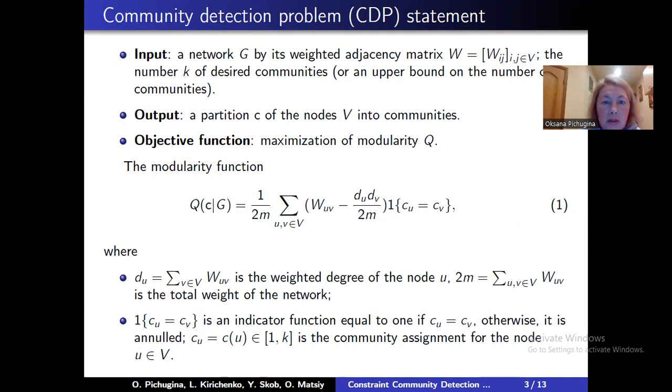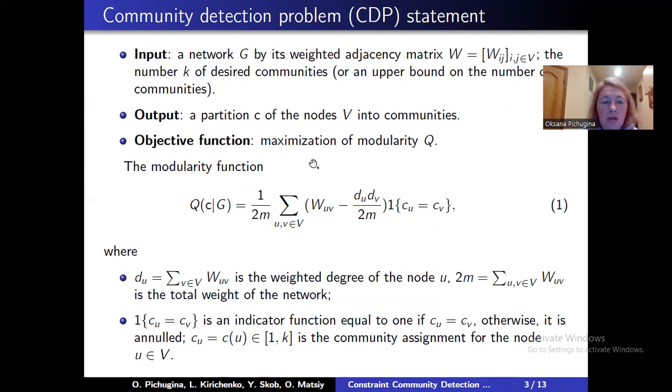As input in the CDP, we have a weighted network G given by adjacency matrix W, and also we have a number K of desired communities, or the exact number of communities. As output, we expect a partition C of nodes into communities, or assignment of nodes to communities.